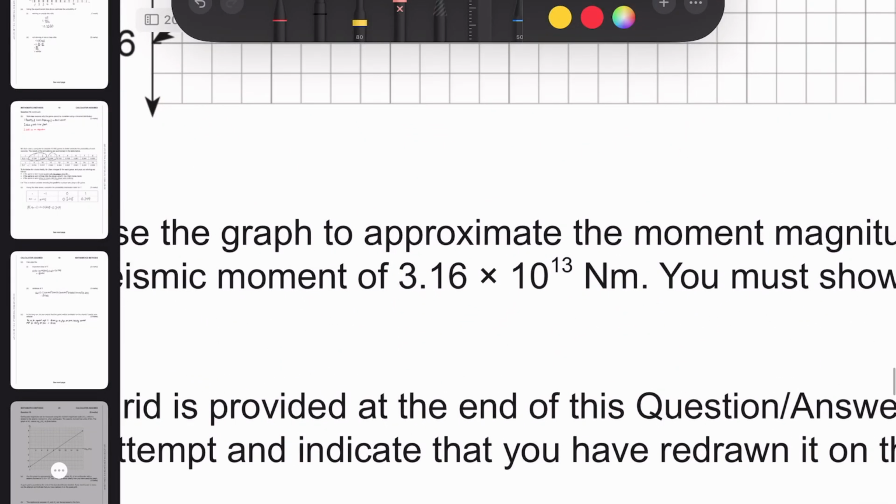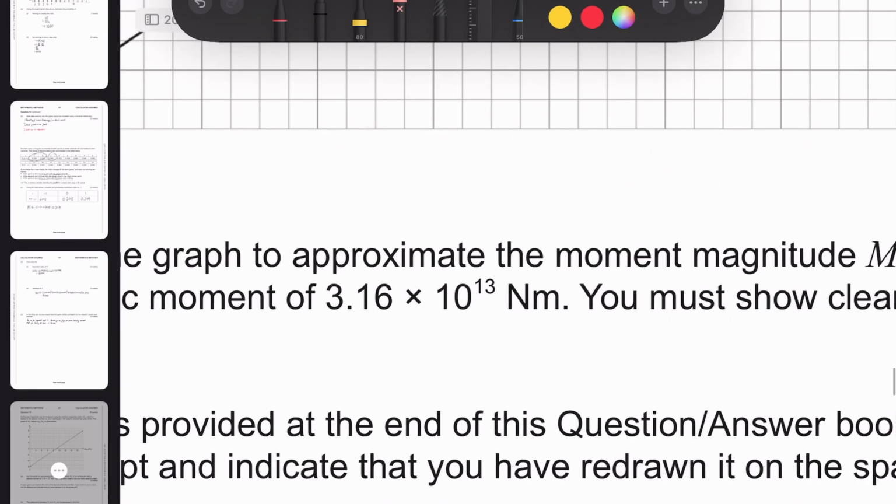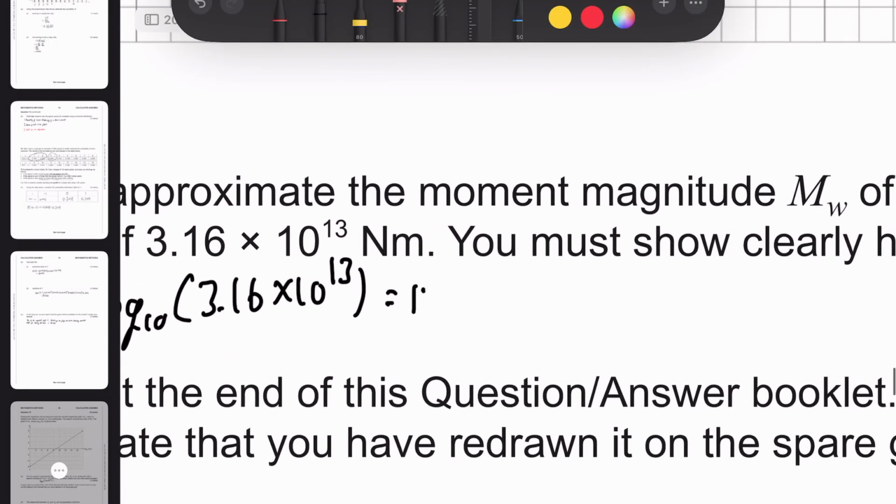Okay, so we need to do log 10 of this, which is equal to, just do this in our CAS, log base 10 of 3.16 times 10 to the power of 13 is about 13.5.